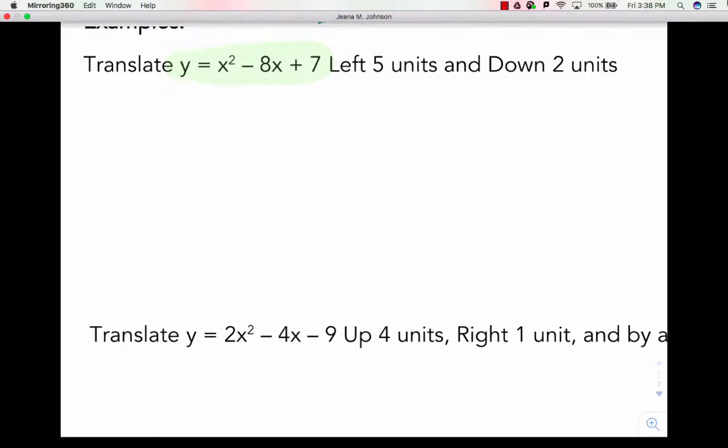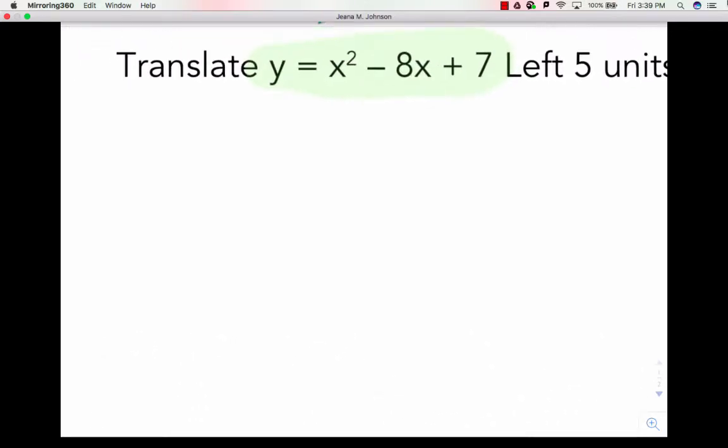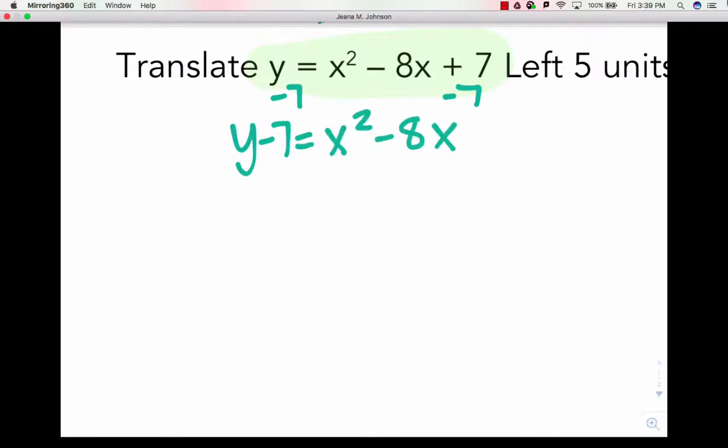So the first thing we need to do is translate this to vertex form. To do that, I need to go through the completing the square process. The first thing I need to do is subtract 7 from both sides. So I get y minus 7 is equal to x squared minus 8x. And I need to figure out what number goes here that completes the square.